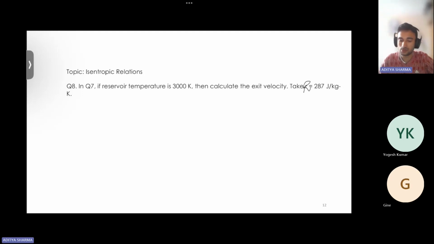Take R equals 287, the universal gas constant in SI units. Then you calculate the exit velocity.